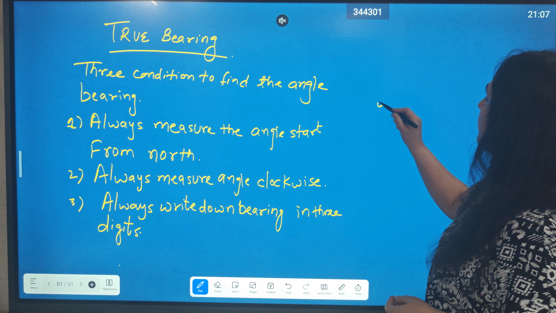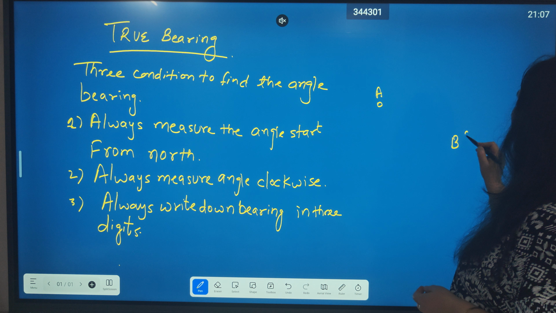Suppose there are 2 points, one is A and one is B over here, right?